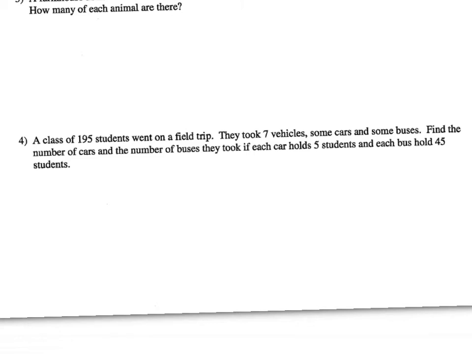We know we have cars and buses, and we know we took 7 total. And we know we took 195 kids total on the buses and the cars. And we know that the cars hold 5 students, and the buses hold 45 students.